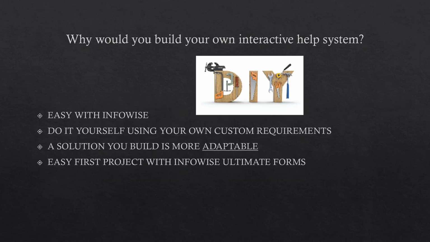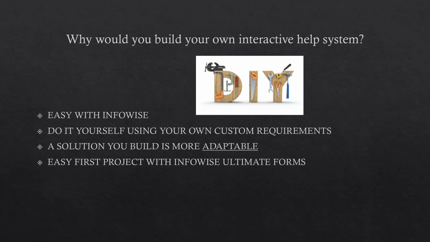All right, so let's talk about the topic for our presentation today, building an interactive help system. So why would we do this? Certainly there's third-party solutions you can buy that are sort of what I would call a canned solution that provide you structure and functionality, so you can always buy off the shelf. Really, it's easy to do this, as I'm going to demonstrate in the presentation, and you can incorporate your own custom requirements.